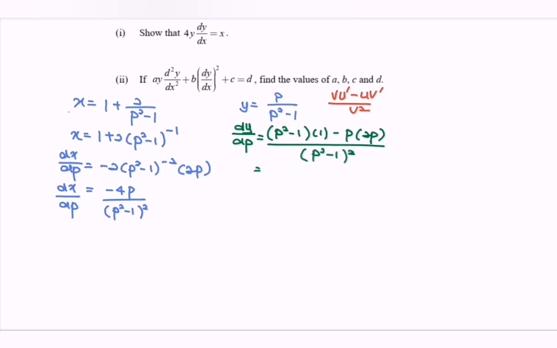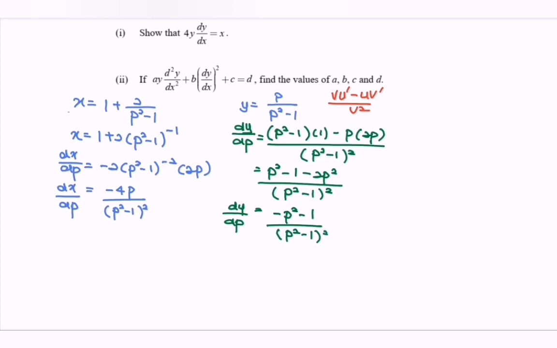Kindly simplify the situation. We have p squared minus 1 minus 2p squared over (p squared minus 1) squared. So dy/dp is negative (p squared plus 1) over (p squared minus 1) squared.